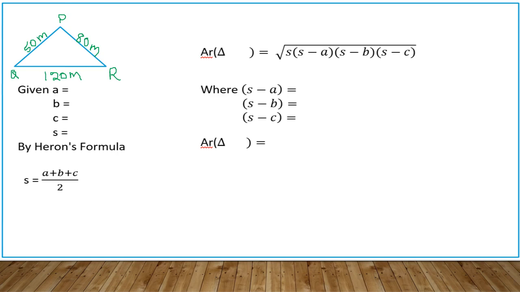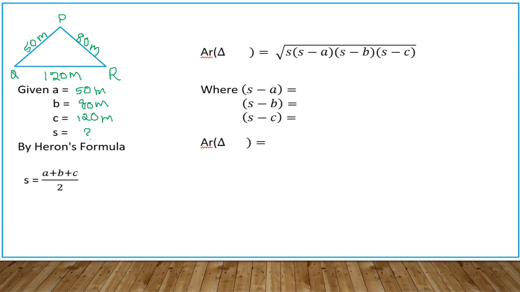Now, writing them here, given a value is 50 meter, b is 80 meter, c is 120 meter, s we need to find out. See, this is geometry, so it is necessary for you to draw a rough figure and label it properly. This includes half mark for your question. So don't miss drawing the figures wherever it is possible.